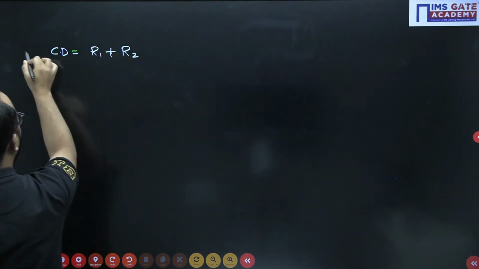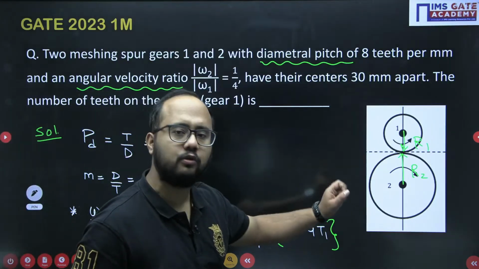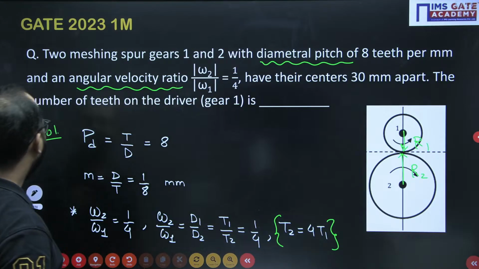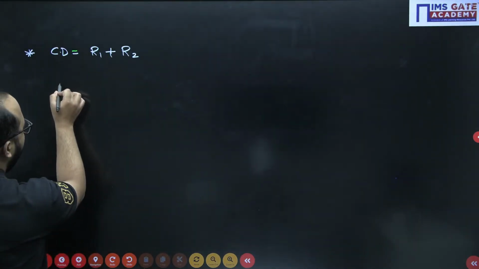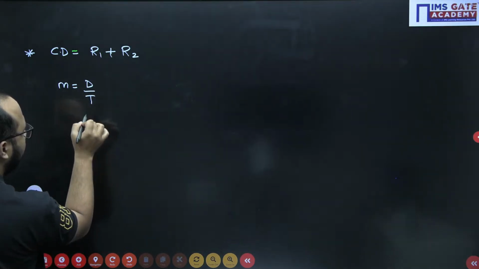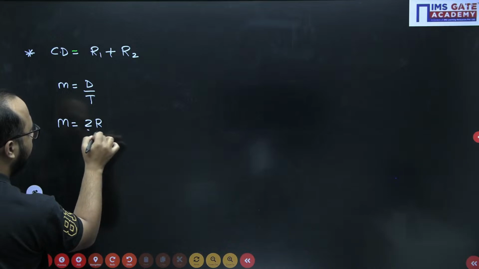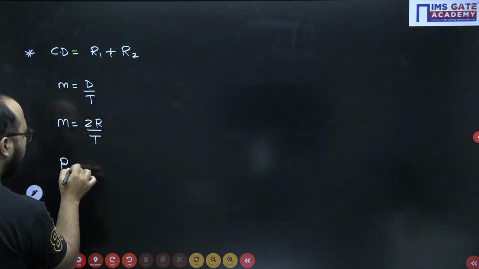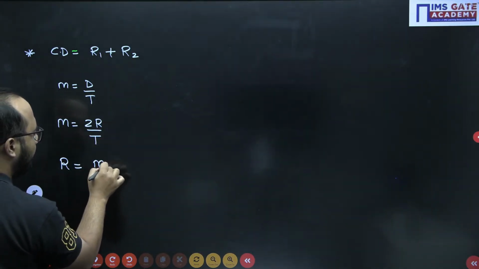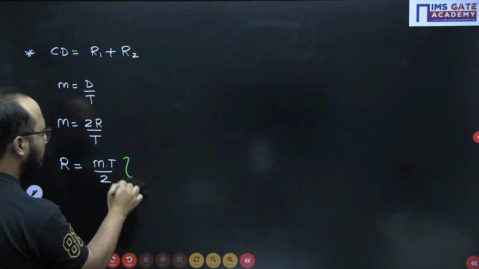Yes or no? If I add R1 and R2, you will get the center distance. Now see, module is diameter divided by number of teeth. Instead of diameter, I can write twice the radius. So the radius formula you will get as module multiplied by number of teeth divided by 2.